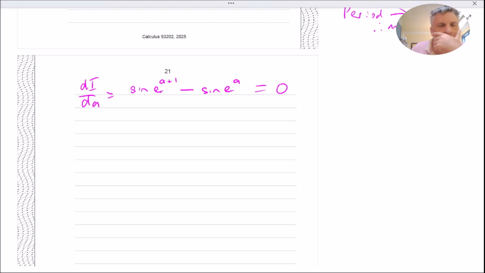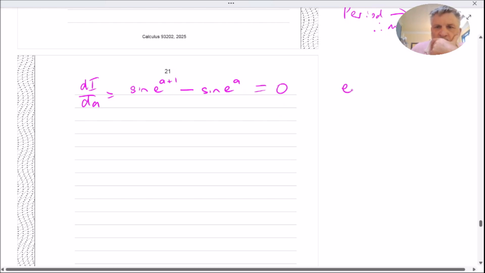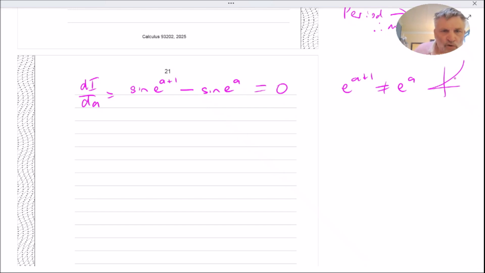Now, the arguments can't be the same. e to the A plus 1 is never going to be equal to e to the A, because the exponential is monotonically increasing. It's always increasing. So if we go out one more, we're always going to get a different value. But the sine function is periodic.